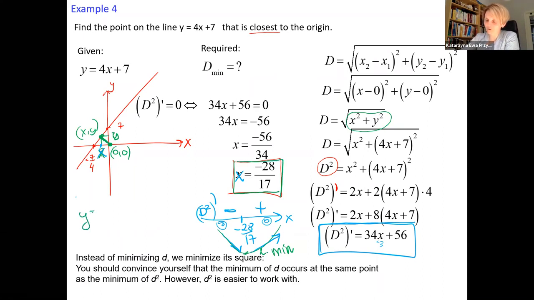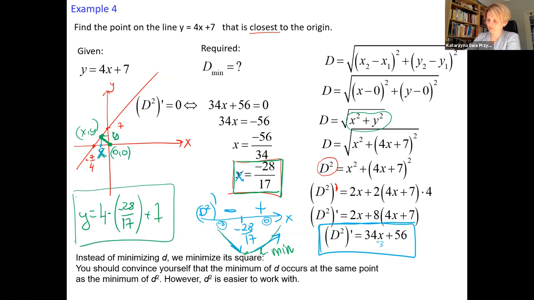The only thing is we also need y. y is defined as 4 times x plus 7, so negative 28 over 17 plus 7. But let's just leave it. I will skip the arithmetic because I don't like negative 28 over 17.